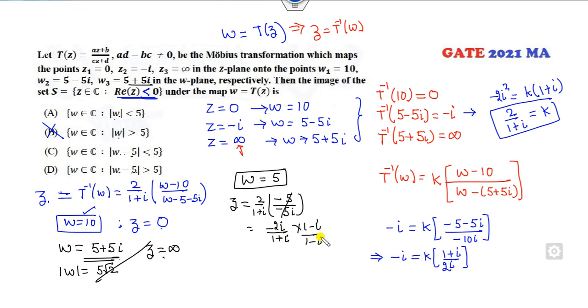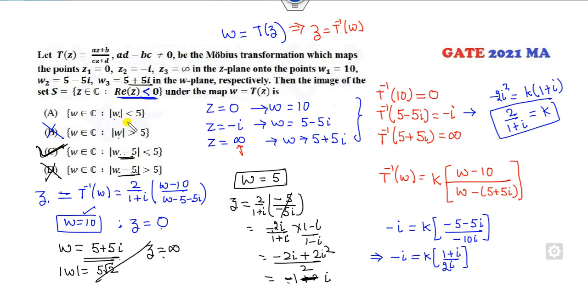Multiplying by 1 minus iota, we get minus 2 iota plus 2 iota squared, divided by 2. So it's minus 1 minus iota. The real part is less than 1, satisfied. So this value will be satisfied, and the other value is not satisfied. So this is the correct option.